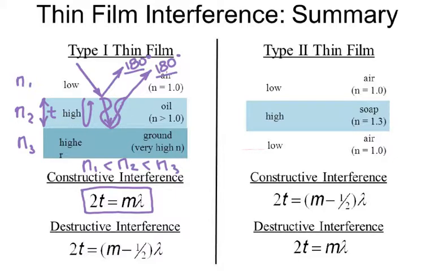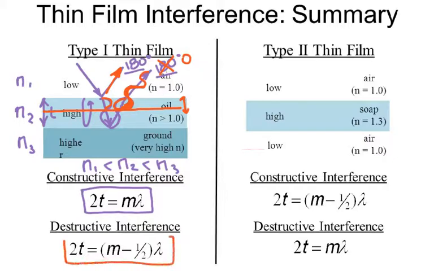But if this distance was shorter, then the wave would be shifted this much, and when the other one is 180 degrees shifted, it would come back that way, and that will give you destructive interference. It would not be 180 degrees shifted anymore, it would be 0 degrees shifted compared to the other one, and it will give you destructive interference.